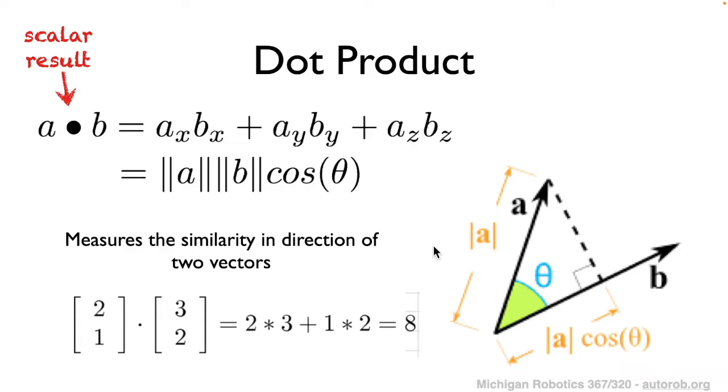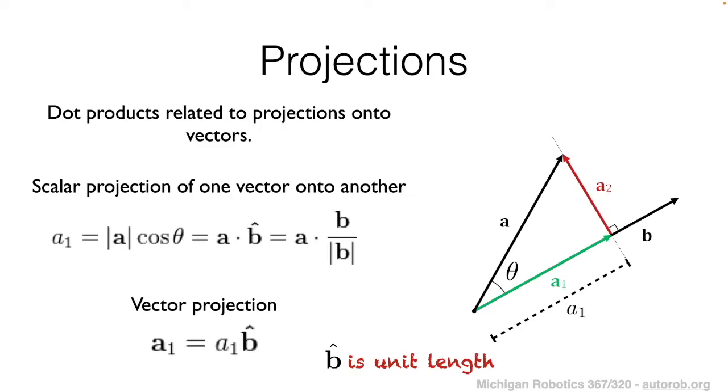So stepping forward, one other useful operation that you can perform on vectors is projections. For example, sometimes it's useful if you have two vectors. Let's say you have a vector A shown in this figure here, and you have a vector B. It's sometimes useful to be able to calculate the projection of vector A onto B, which is illustrated by this vector A sub 1.